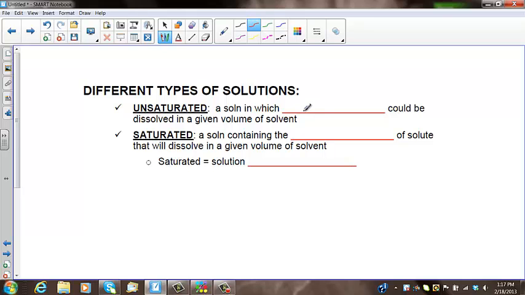An unsaturated solution is one in which more solute could be dissolved in the given amount of volume that you have, where saturated is a solution containing the maximum amount of solute that will dissolve in a given volume of solvent. So if a saturated solution contains the maximum amount, this is also known as solution equilibrium.